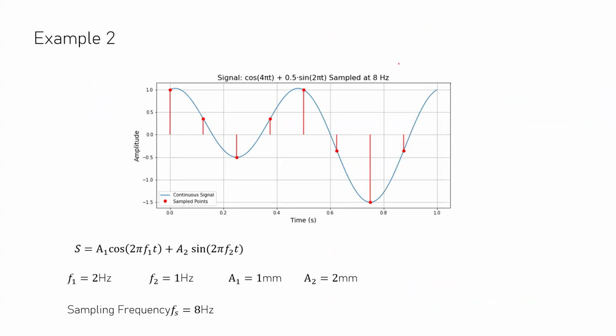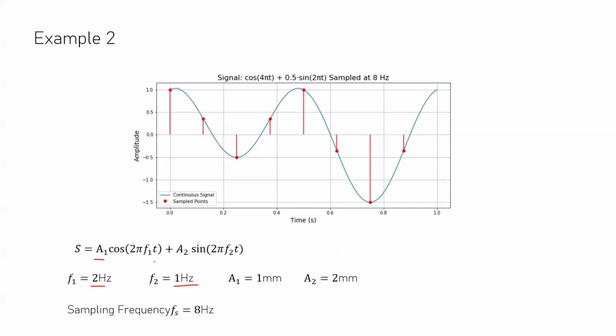So here we can see another example. This blue line shows some signal, and the signal is actually built using a cosine and sine wave. The cosine function has a frequency of 2 Hertz, and the sine function has a frequency of 1 Hertz.